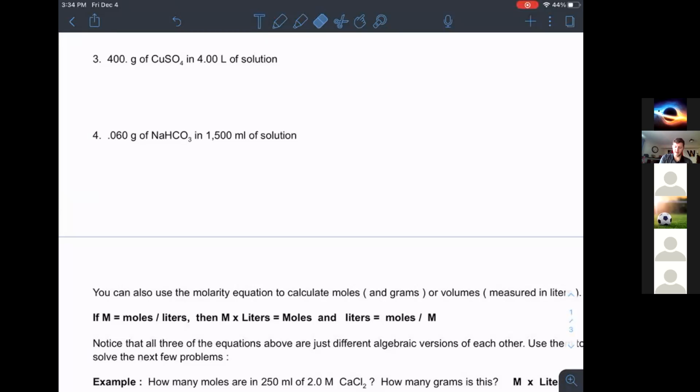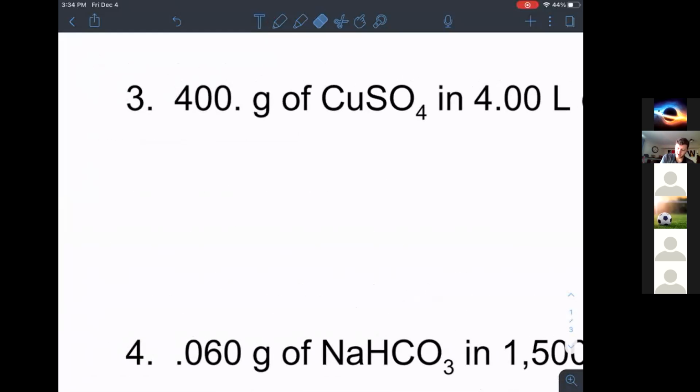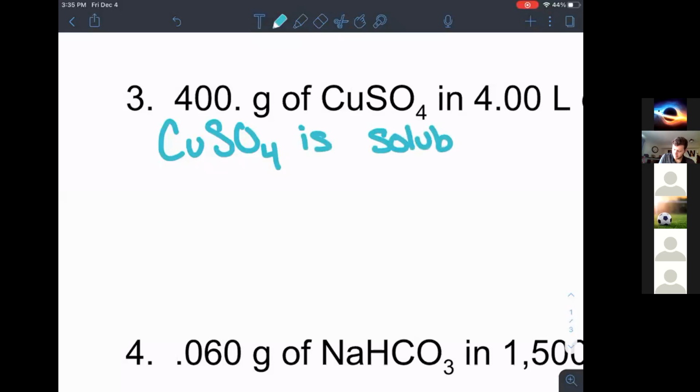Is copper 2 sulfate soluble in water? Yeah. It is soluble. Perfect. So we have to continue because it's soluble in water.